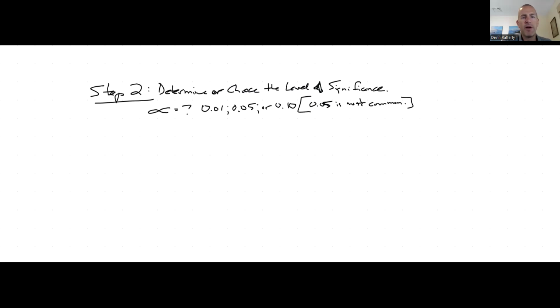The 0.05 is by far the most common one that everyone uses. So what is the level of significance? What is this telling us, right? What is the level of significance? In other words, what does it mean?